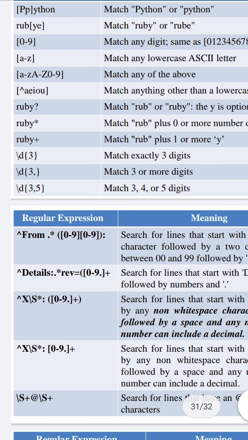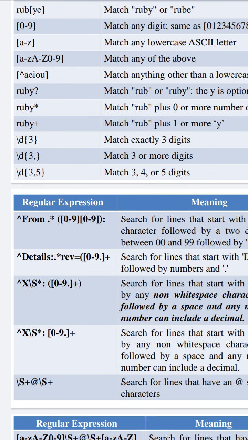Similarly, if our intention is to match lowercase letters, we can say a to z in a square bracket. If our intention is to match either lowercase, uppercase or any digit, then we can say in a square bracket a to z, capital A to Z, 0 to 9. Next one, caret aeiou.